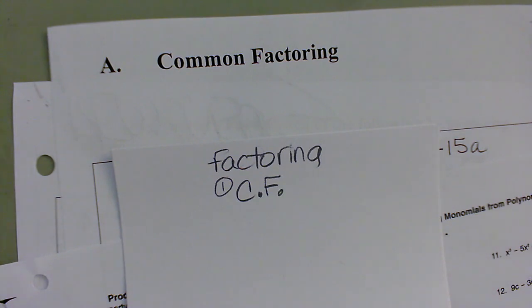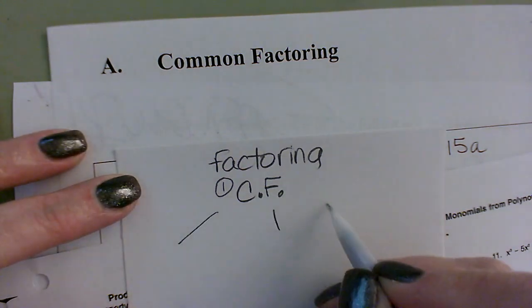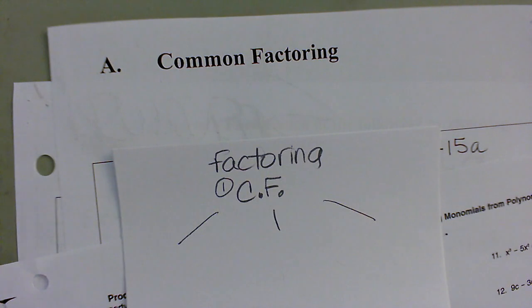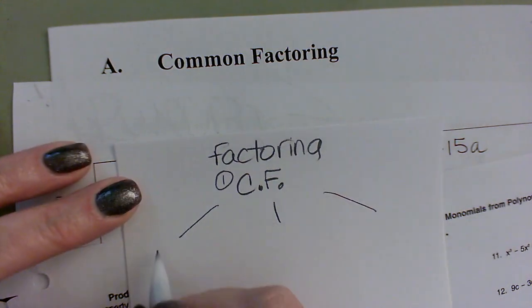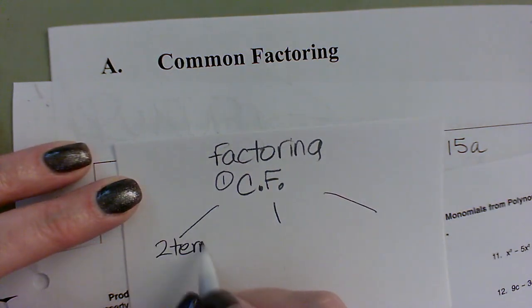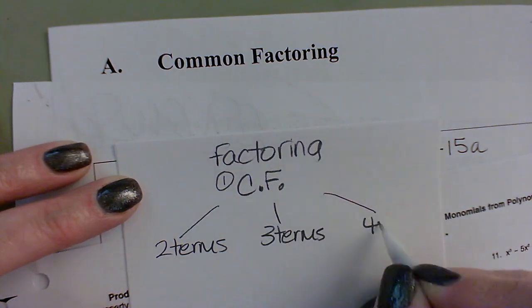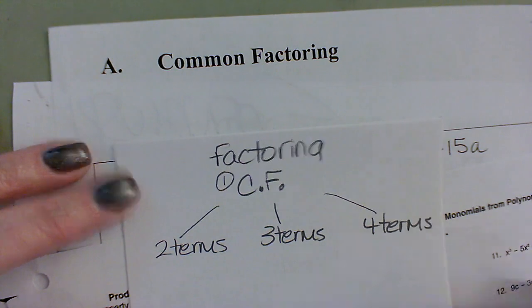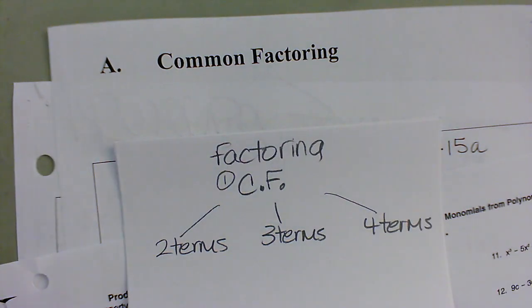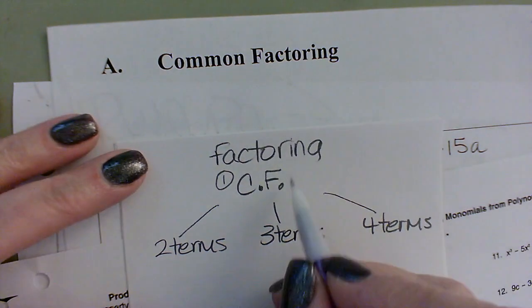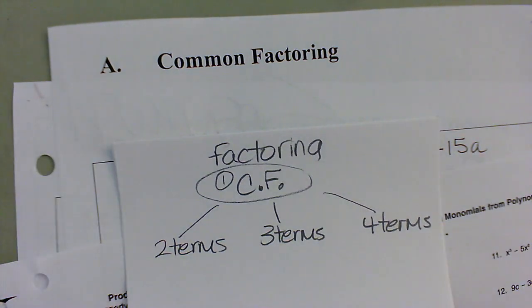After that, we branch into 3 different kinds, and those all depend on how many terms there are: 2 terms, 3 terms, and 4 terms. But with common factoring, I can distribute something into 1 term, 2 terms in the brackets, 3 terms, or 4 terms.